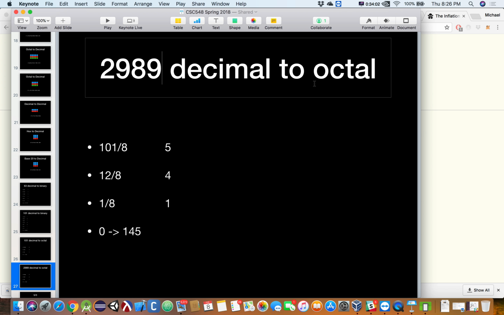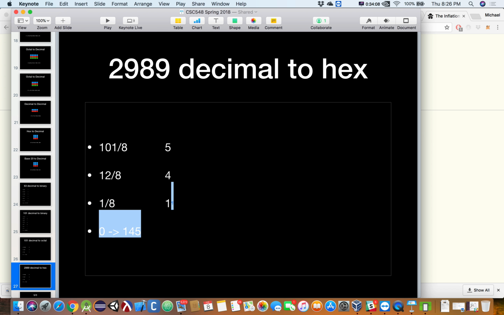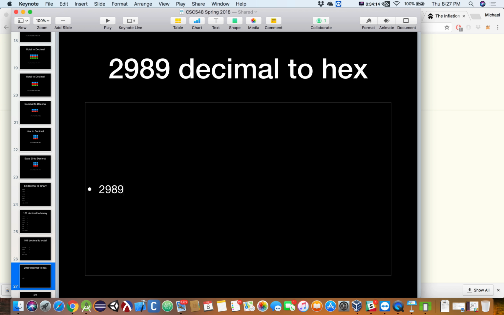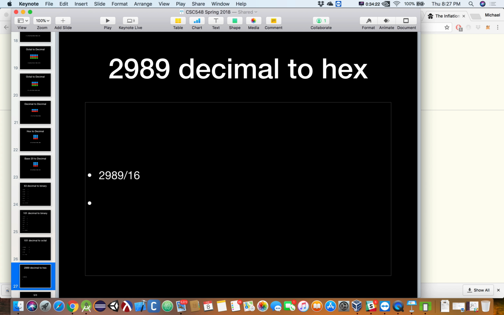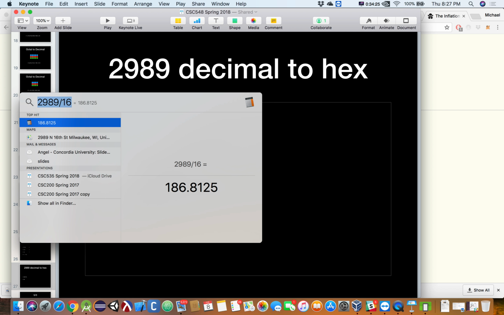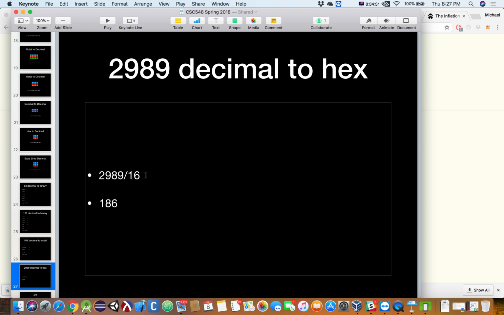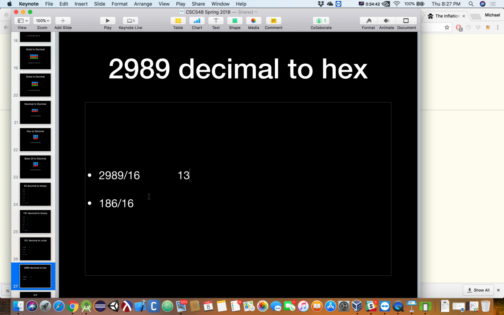All right, so now let's do a hex. And we'll do my favorite, 2989, decimal to hex. All right, so 2989 divided by 16 gives us 186. 186 times 16 gives us 2976, which is a remainder of 13. 186 divided by 16 is 11.